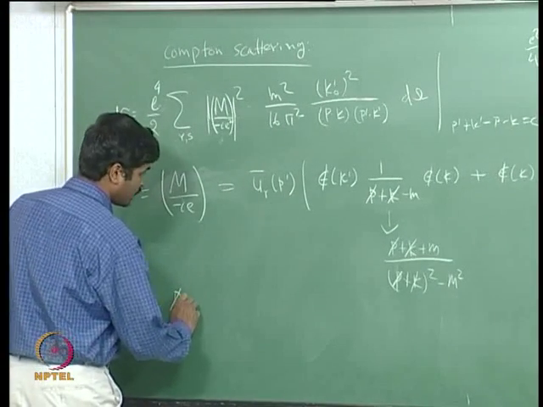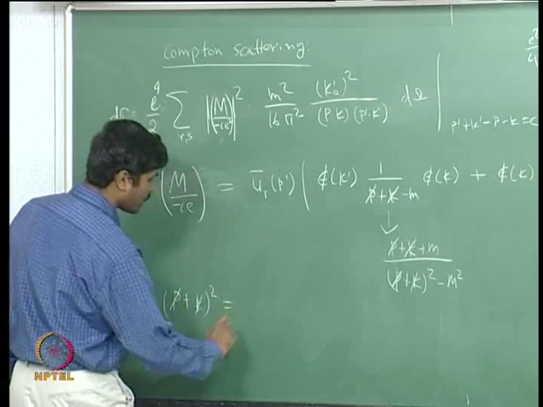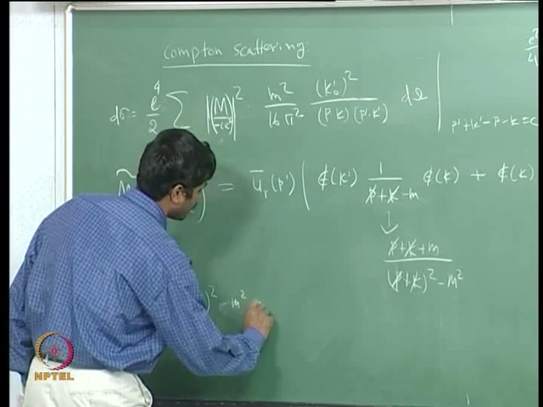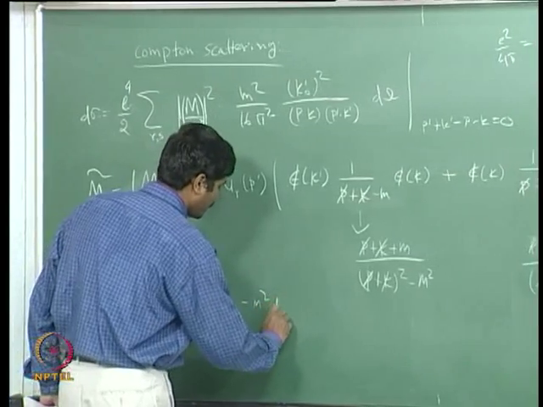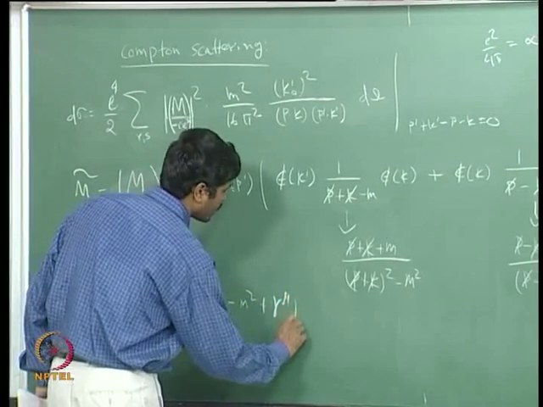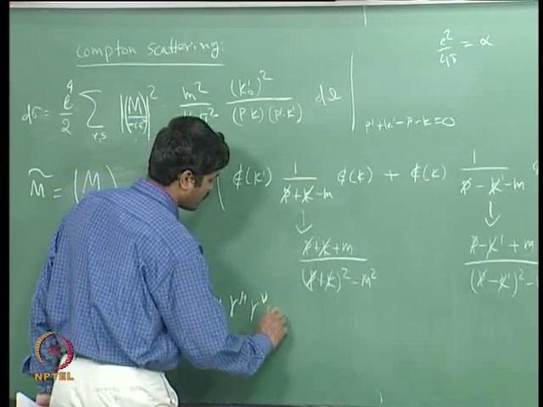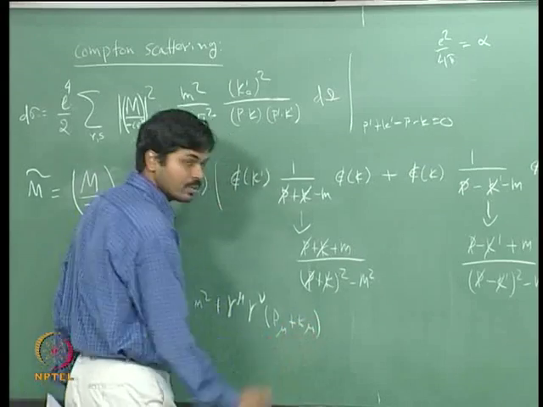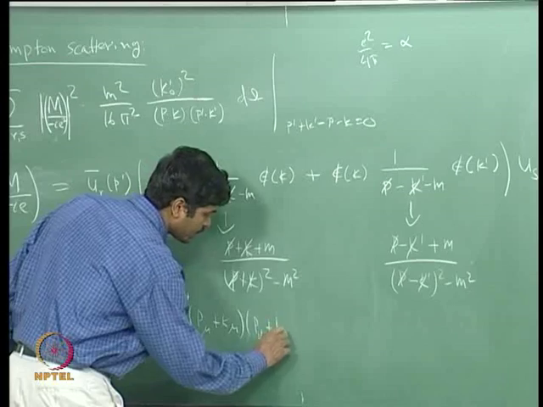(p slash plus k slash) squared minus m squared is equal to minus m squared plus gamma mu gamma nu (p mu plus k mu)(p nu plus k nu).